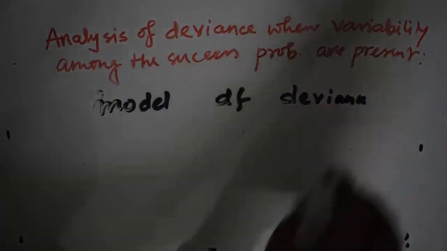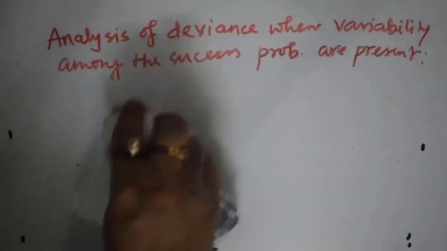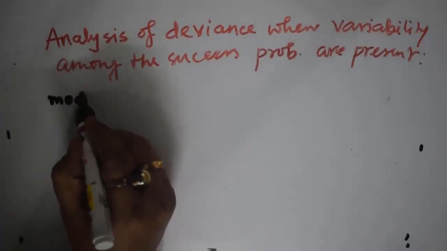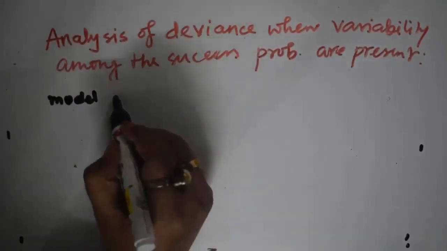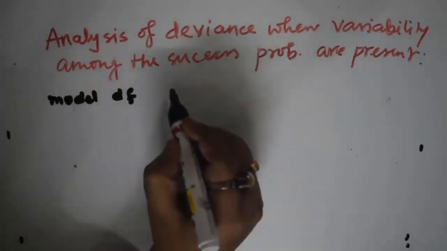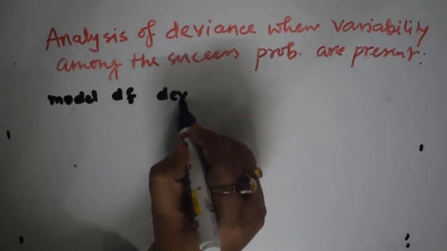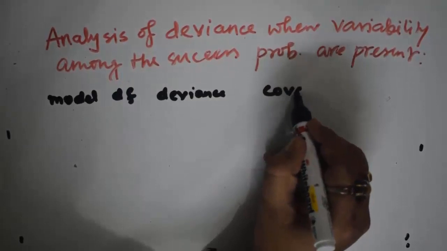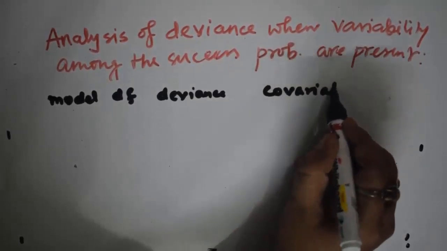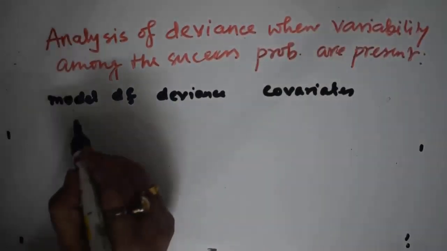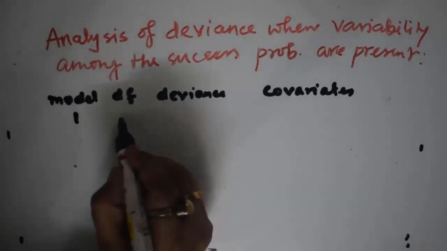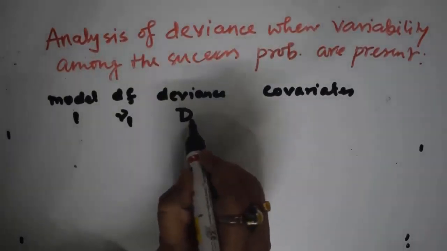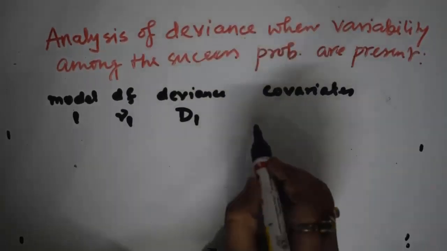So model, degrees of freedom, deviance, and covariates. For model 1, suppose degrees of freedom is gamma 1, deviance capital D1.